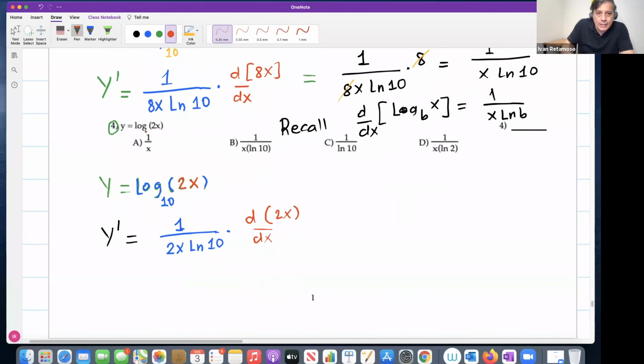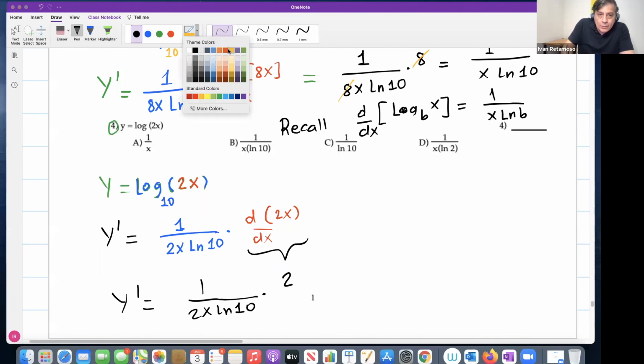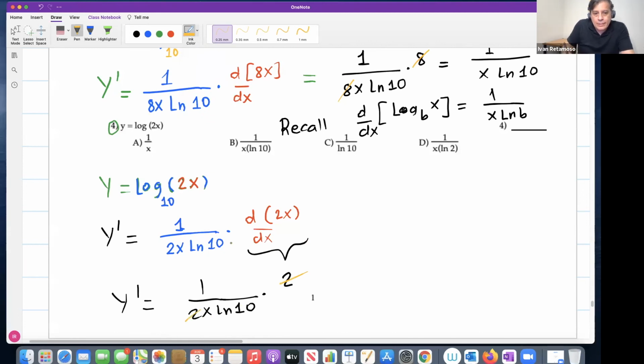That is just 2, not hard to figure out. So 1 over 2x natural log of 10 multiplied by this guy, which is just 2. Notice that the 2 cancels with this 2. So believe it or not, guys, this is just equal to 1 over x natural log of 10.